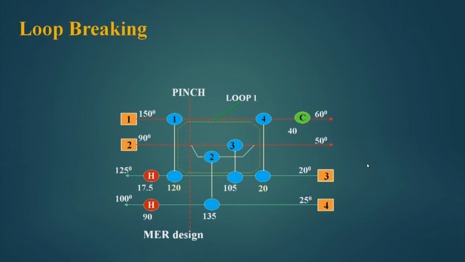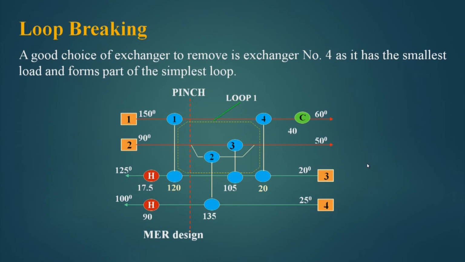So, we take the first part of it. Now, suppose we want to break the loop. A good choice of heat exchanger to remove is heat exchanger number 4, as it has the smallest load and forms part of the simplest loop.